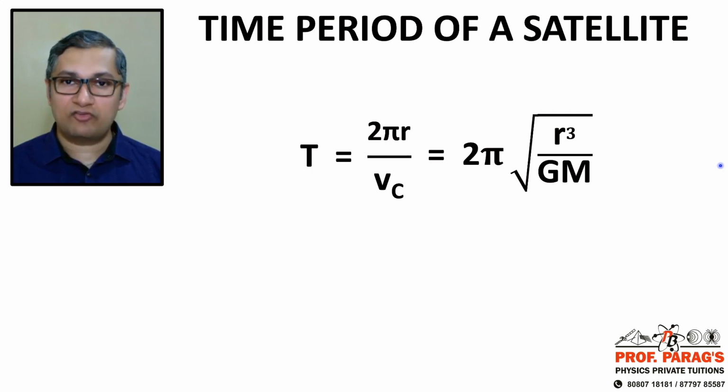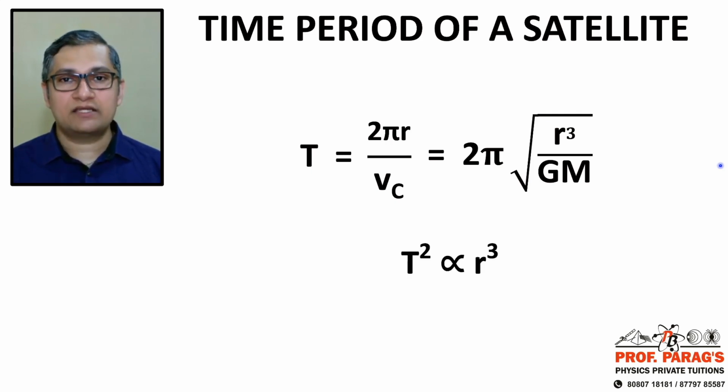So if I get rid of all the constants, T square is proportional to r cube. This is a very important formula, and we will have lots of MCQs related to it. So the time period of a satellite: T square is proportional to r cube, or T equals 2 pi square root of r cube by GM.